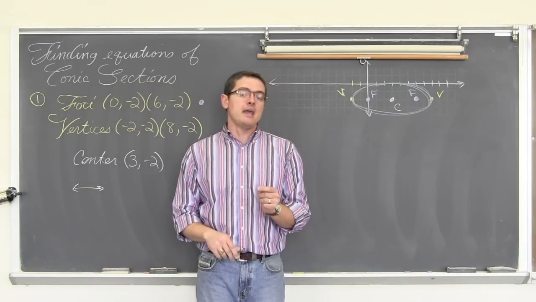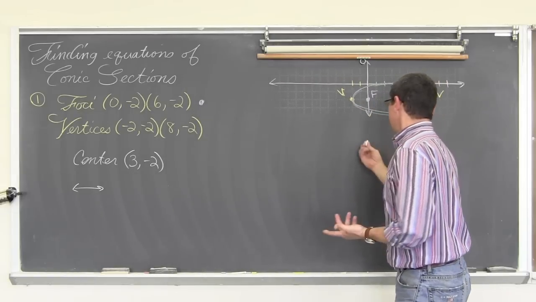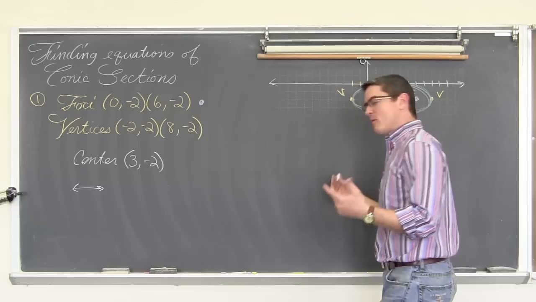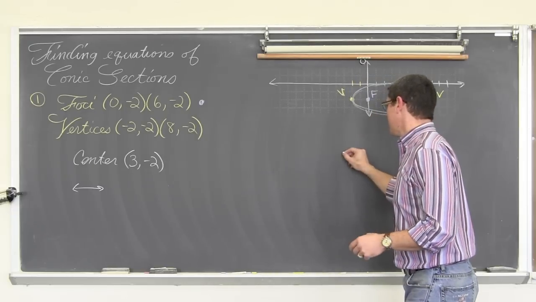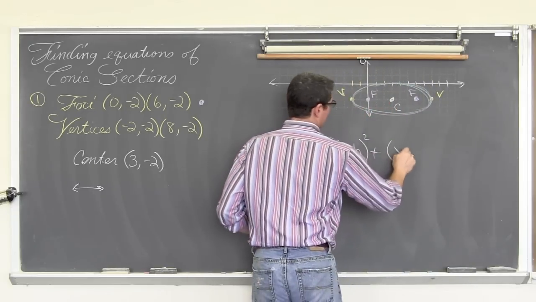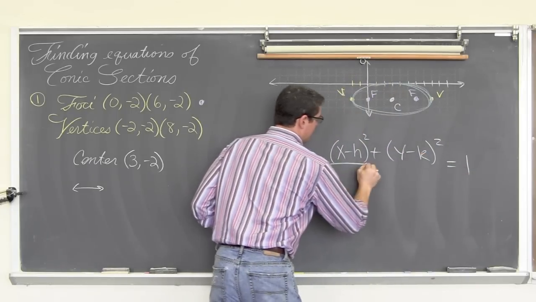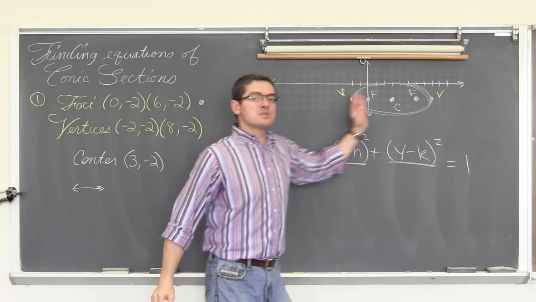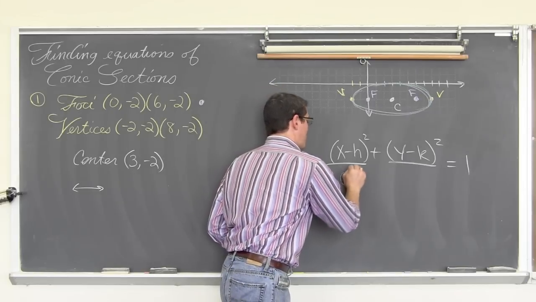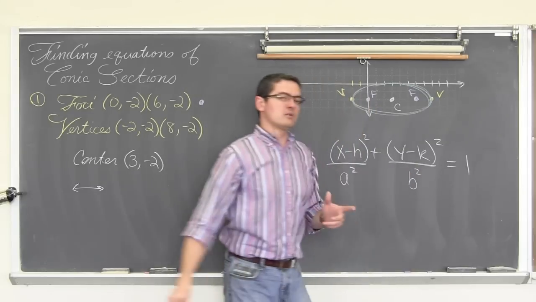That means that a is going to be, we can write that actually. We have an equation. The standard form of a horizontal ellipse is (x minus h) squared over a squared plus (y minus k) squared over b squared equals 1. And because it is horizontal, I know that a squared is going to be underneath the x and b squared is going to be under the y.